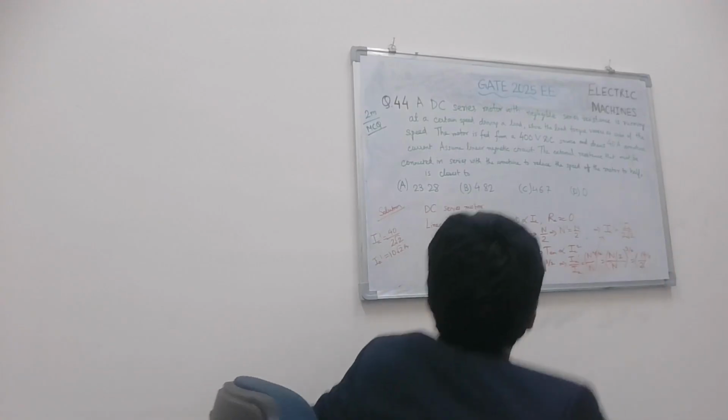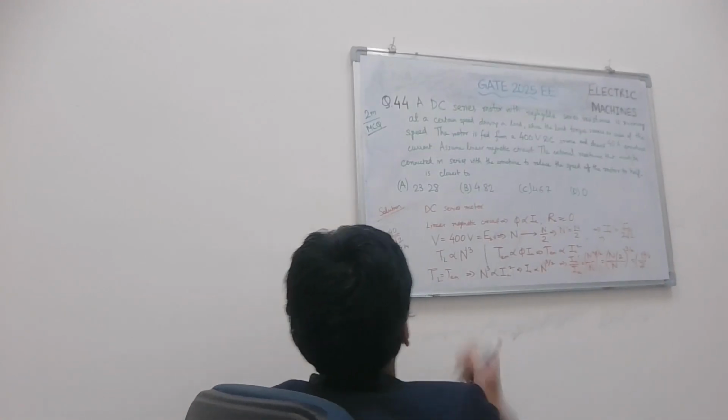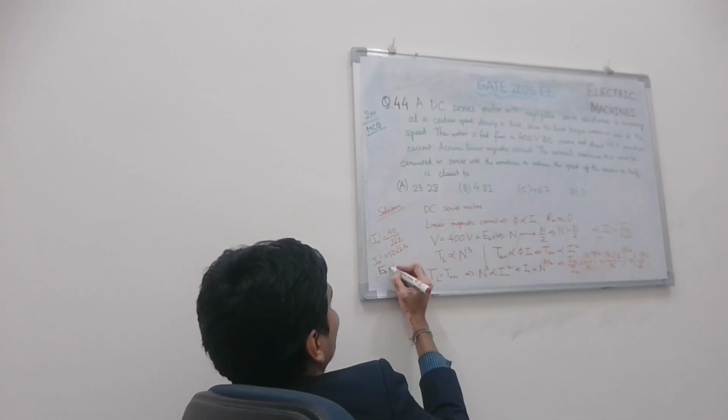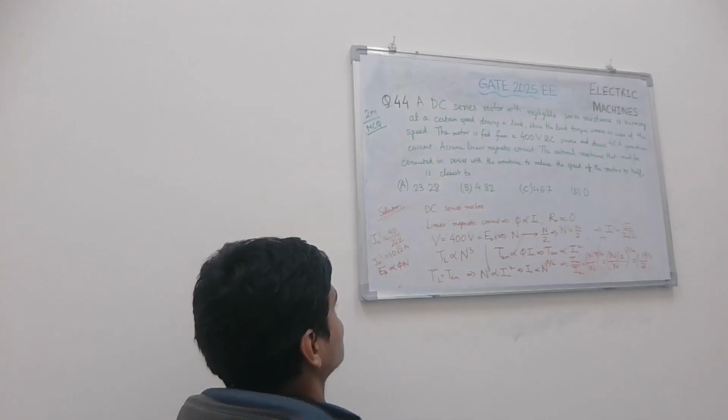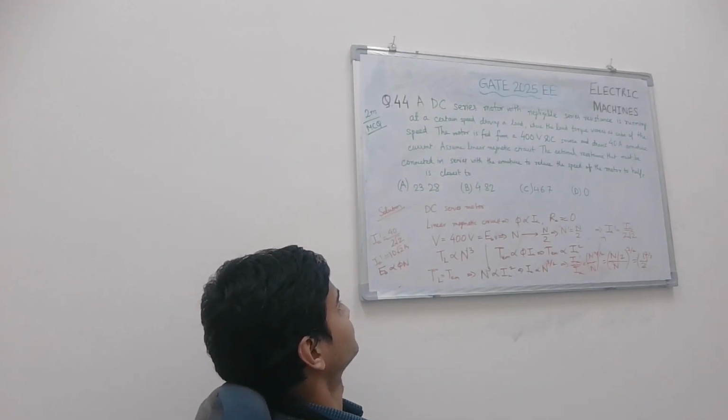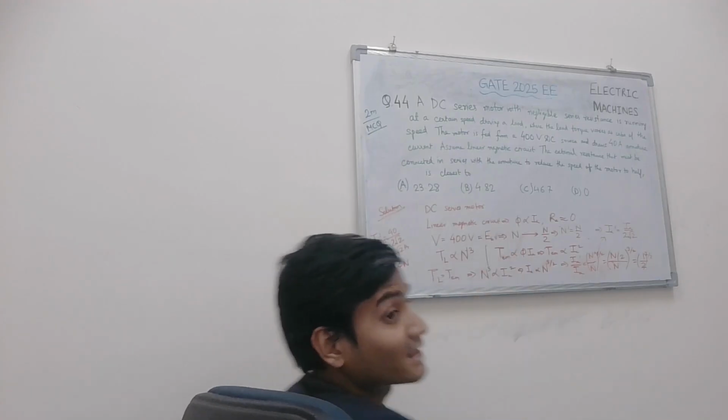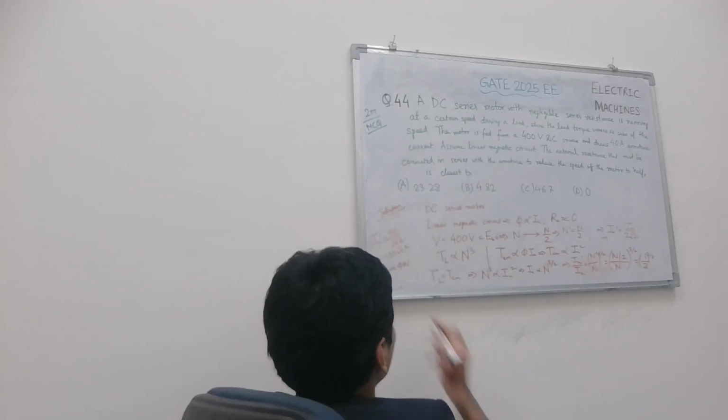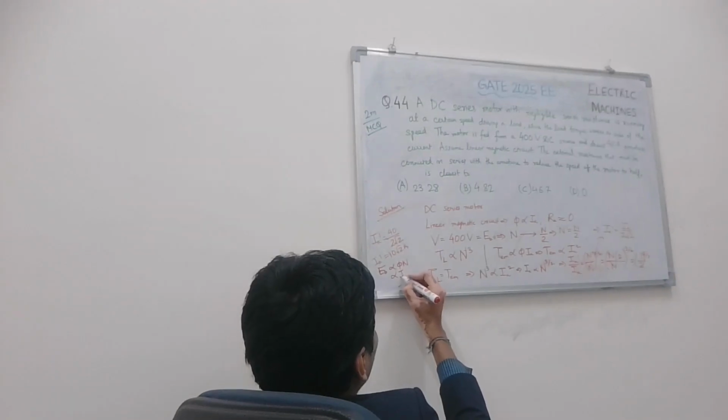For the series linear magnetic circuit, phi is proportional to Ia, so it is proportional to Ia into n.